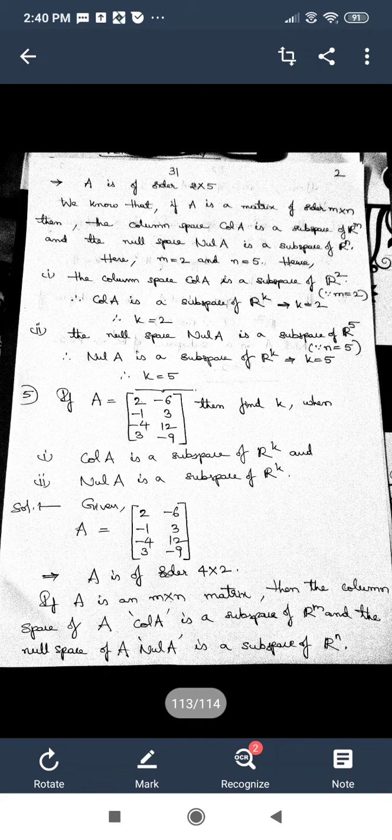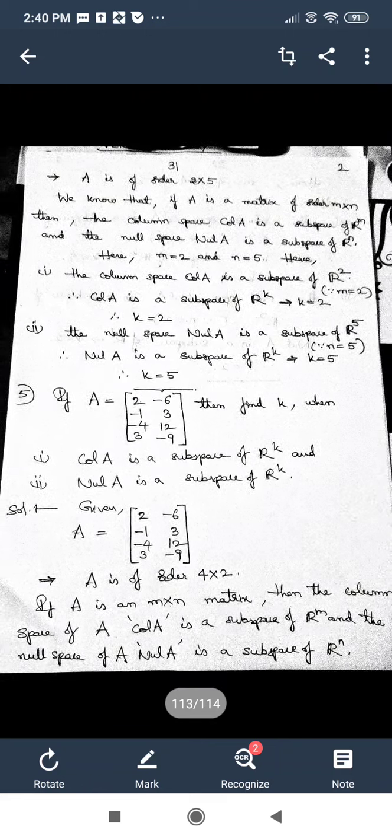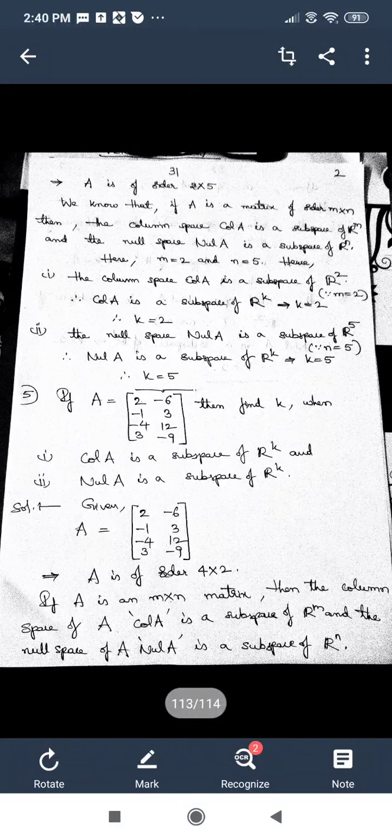If capital A is an m by n matrix, then the column space of A, denoted by column A, is a subspace of Rm. That means column A is a subspace of Rm, and the null space of A, null A, is a subspace of Rn.